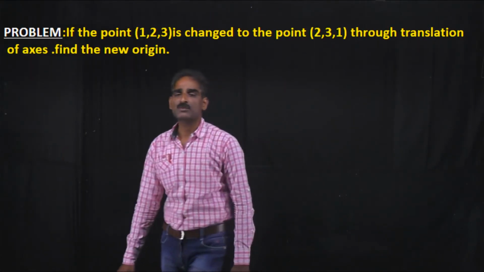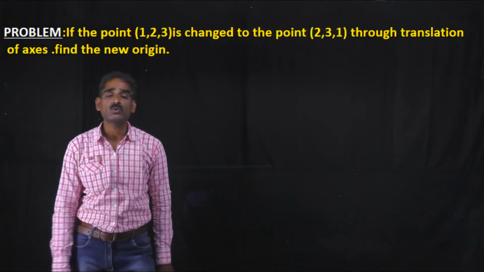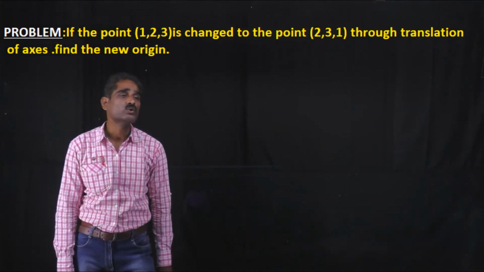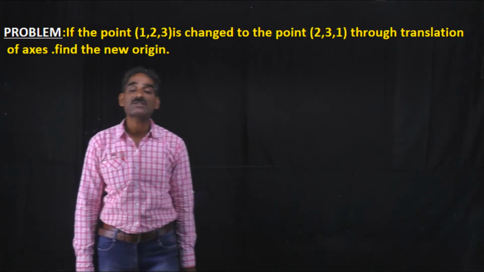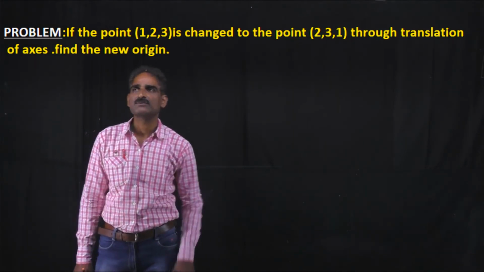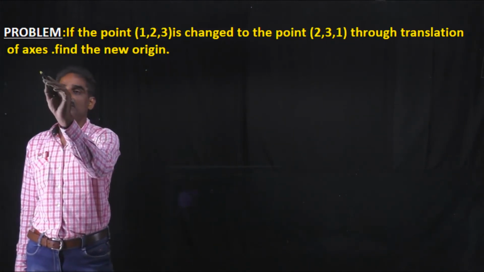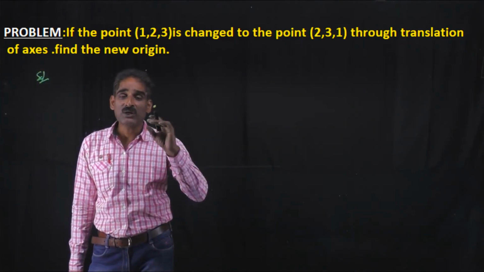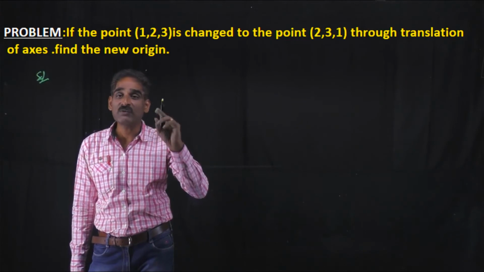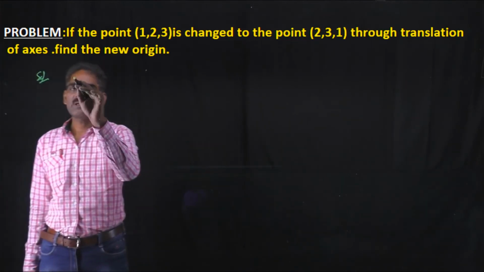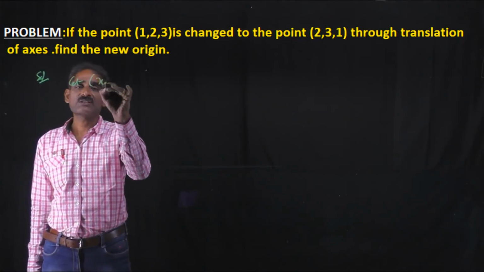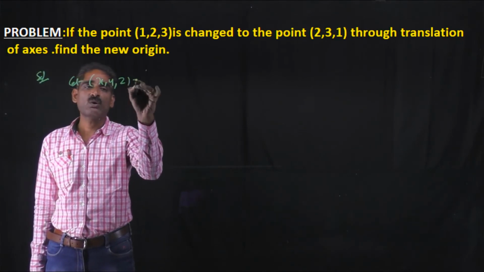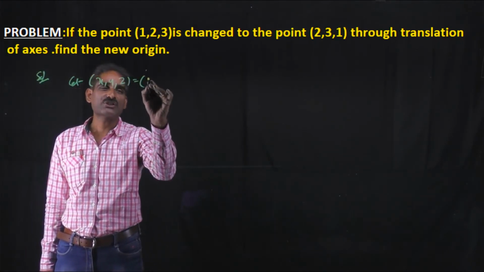So now see this problem. If the point 1, 2, 3 is changed to 2, 3, 1 through translation of the axes, find the new origin. What does it mean? 1, 2, 3 are the coordinates of the point with respect to the old system. Therefore, let small x, small y, small z be the coordinates of the point with respect to the old system.